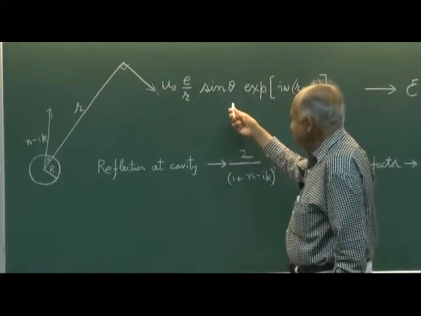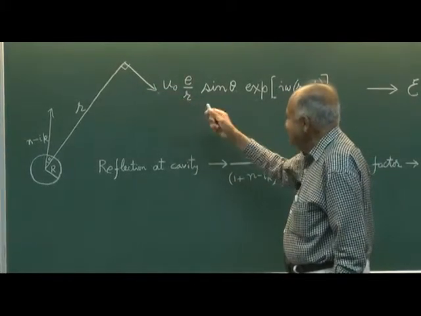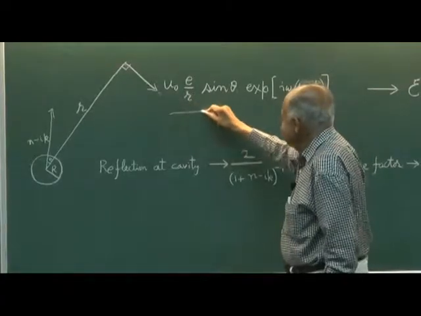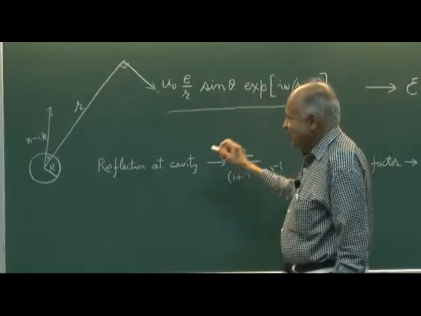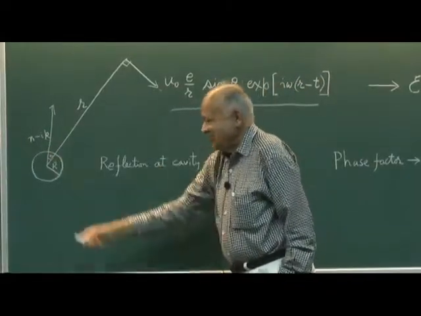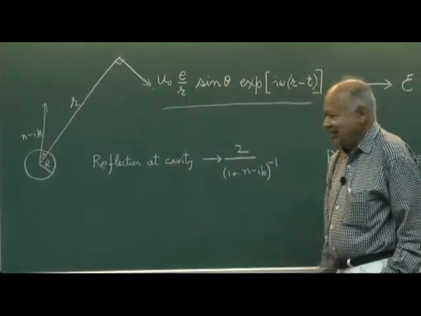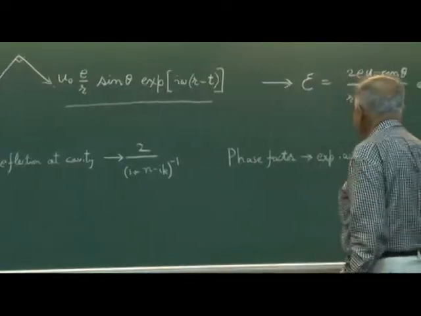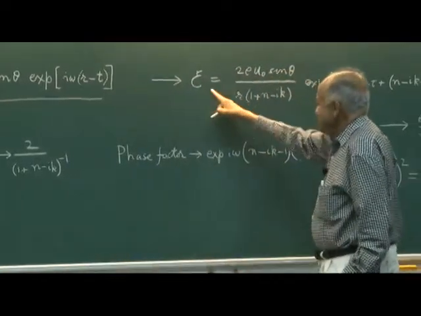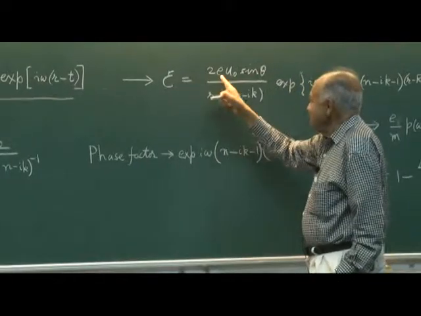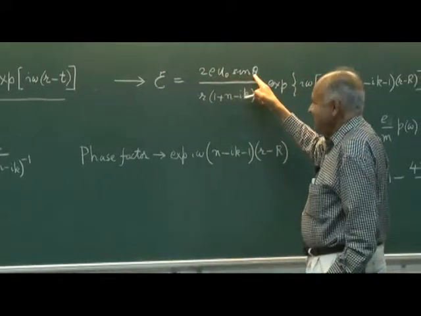Now, before we go further, we will modify this particular formula to take account of the fact that there is a refractive index. So, we have to do that. What happens is that this changes to an electric field equal to 2 E u naught sin theta.